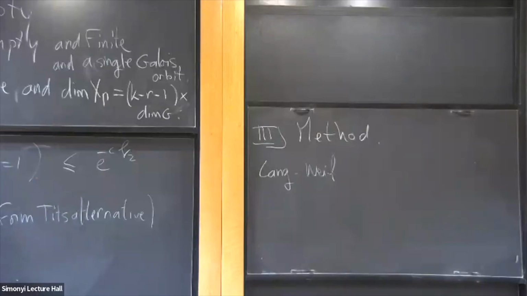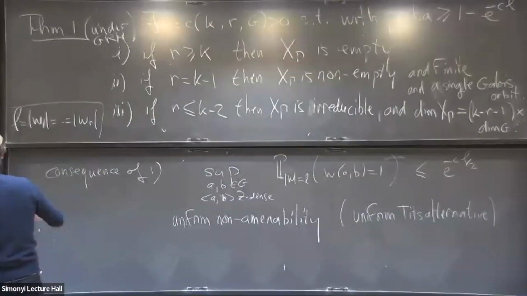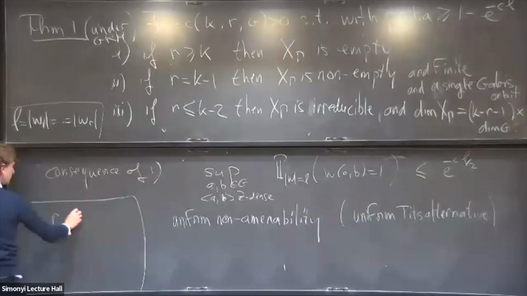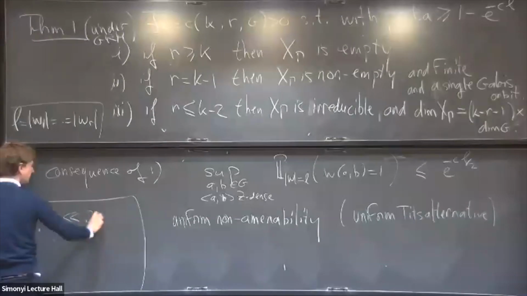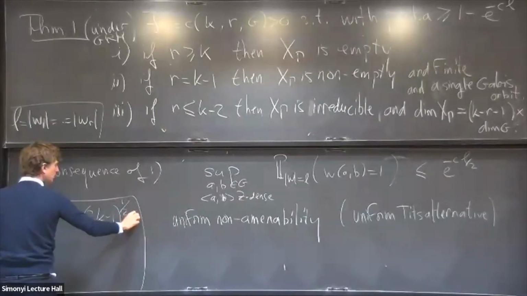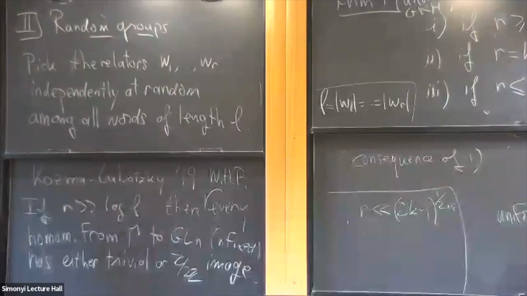In his range, you don't get the trivial group as soon as r is less than 2k minus 1, or square root. And you get property T if it's bigger than 1/3. So it's quite subtle.